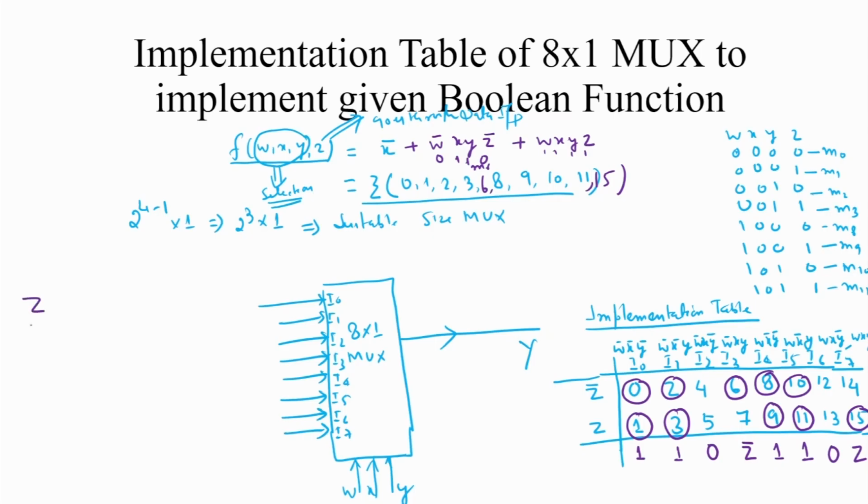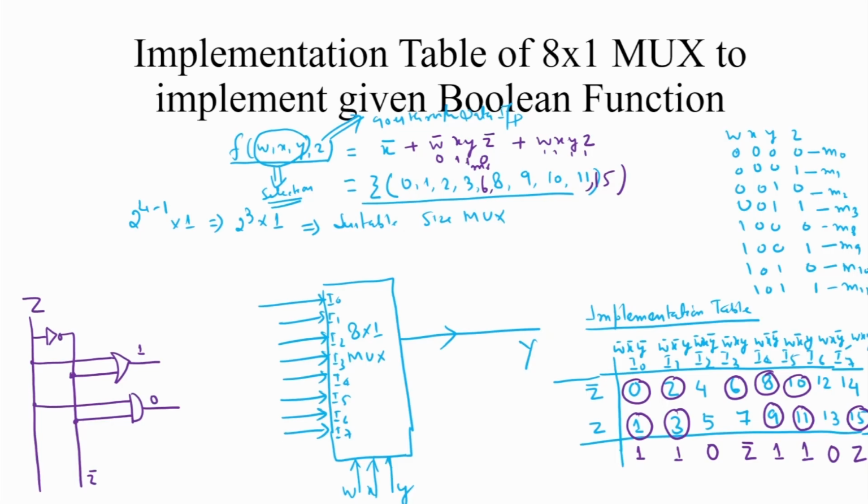Suppose z is taken as data input, and this is z complement. When both z and z complement are connected through an OR gate, they produce output 1, and when both are connected through an AND gate, they produce output 0 always.